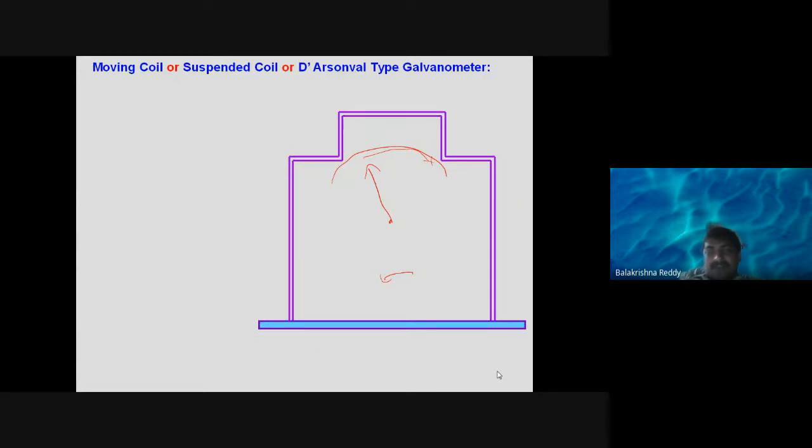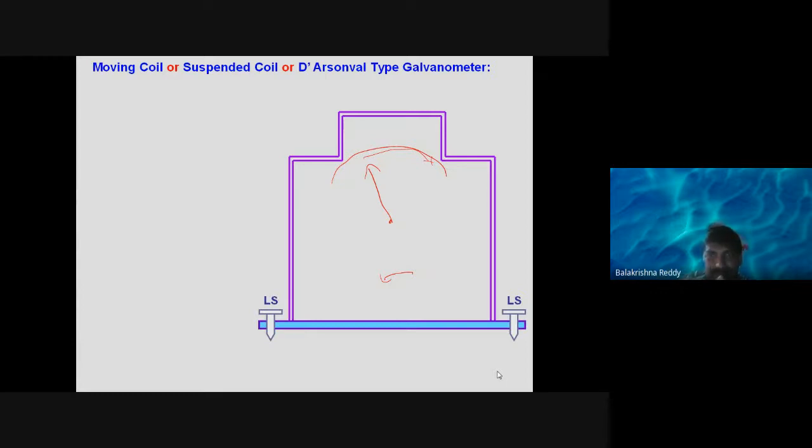This is a rough picture of a galvanometer that I have taken as a block. Actually, in our laboratories we find a closed galvanometer and closed ammeter. If you remove the screws and see inside, this is the mechanism we will find.